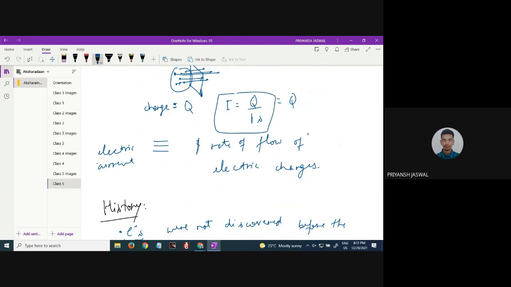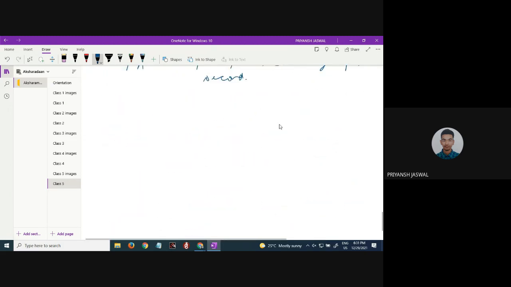Current is the rate of flow of electric charges. It is charge flowing through a particular area per unit time. So for 1 ampere, we have 1 coulomb of charge passing through a particular area of cross section in a given time of 1 second. So we can also write it as 1 coulomb second inverse. This much is 1 ampere.